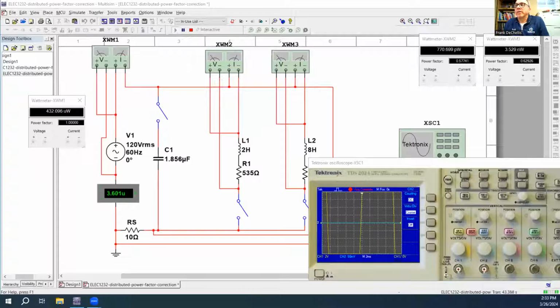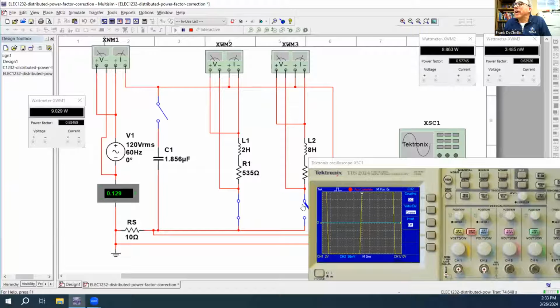So here's what happens. Our system is running right now. I have two loads and I have a watt meter on each. I have the two watt meter readings on the top right and the overall power reading and power factor reading on the left here. When I engage the first load, we come up with 8.865 watts and a power factor of 0.58.